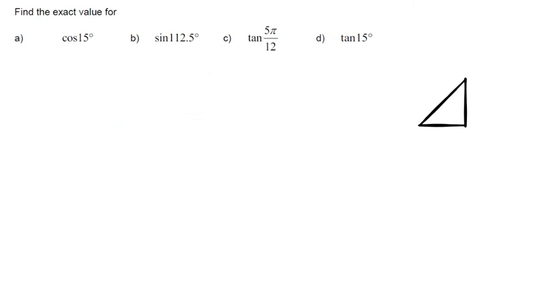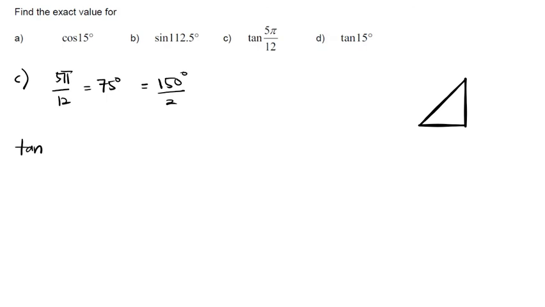Now look at exercise C. So again, using half angle identity, where we know that we have pi over 12. So we change this into degree and we get this equal to 75 degree. And for 75 degree, this is also equivalent to 150 degree divided with 2. So we use the formula for half angle for tangent.